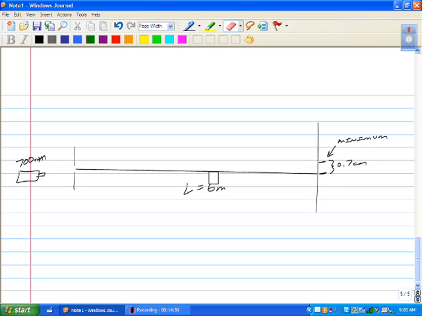And the question then would be, what is the width of the slit?